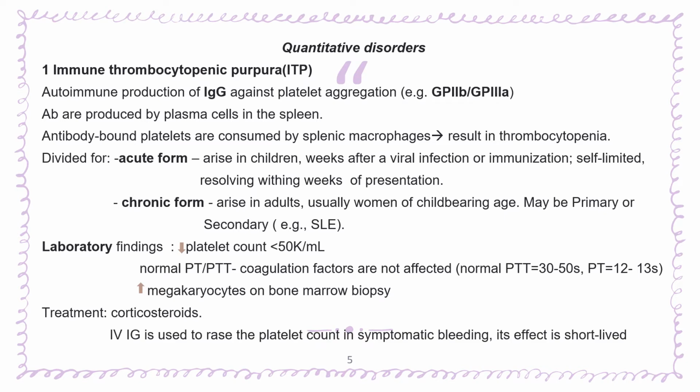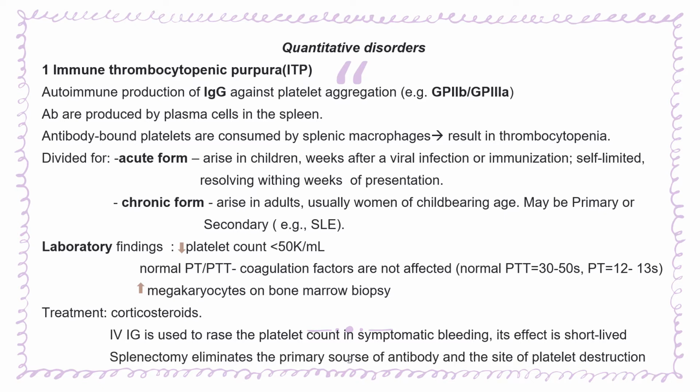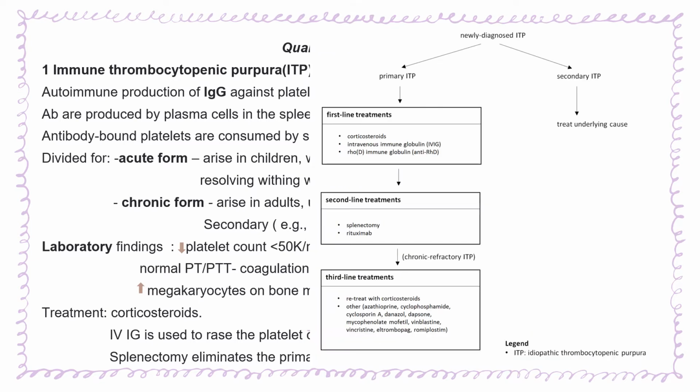IV immunoglobulins are used to raise the platelet count in systemic bleeding. Its effect is short-lived. Splenectomy eliminates the primary source of antibody and the site of platelet destruction. On this picture you can see the scheme of treatment of primary ITP.